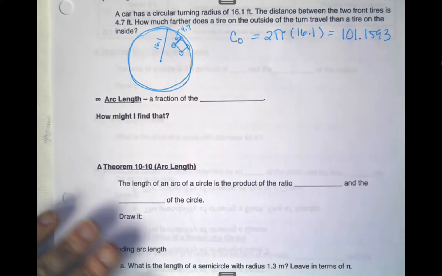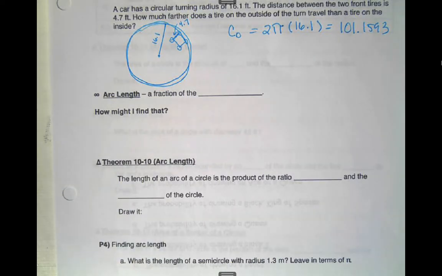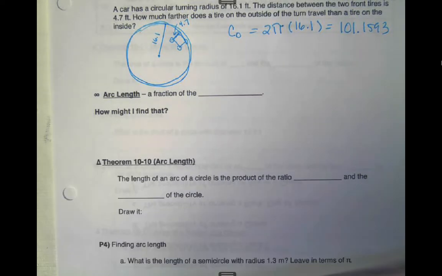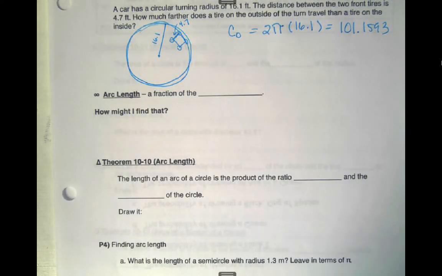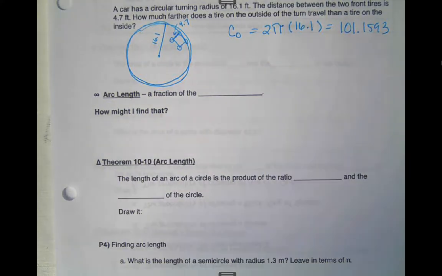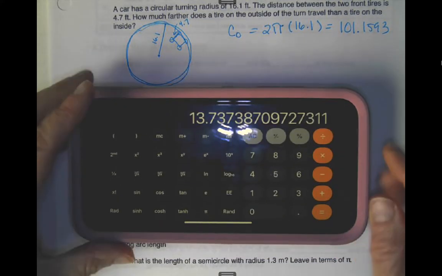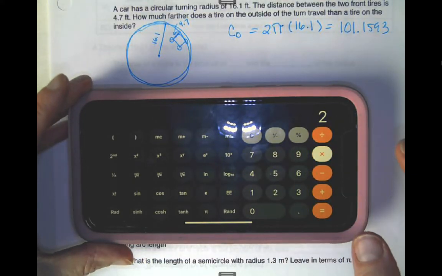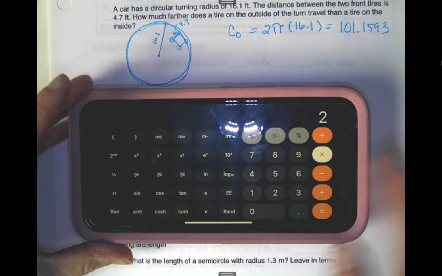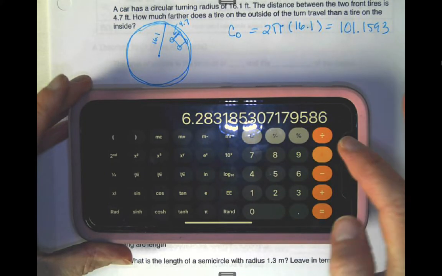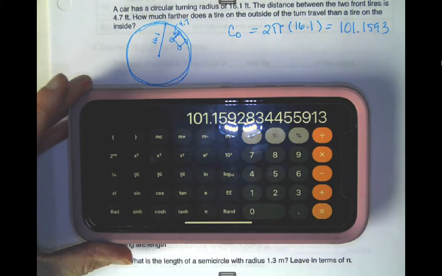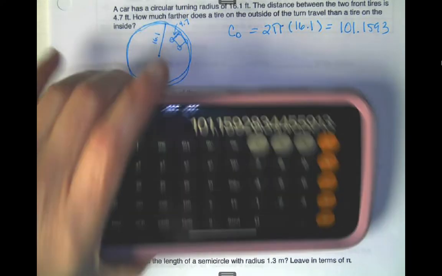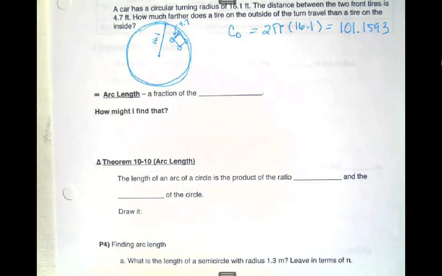If you're on your phone, you should also have a pi button on your phone calculator. Again, you're going to want to turn it sideways. So 2 times pi, it's right down there, times 16.1. You can also get the answer on your phone calculator as long as you're using the scientific calculator.